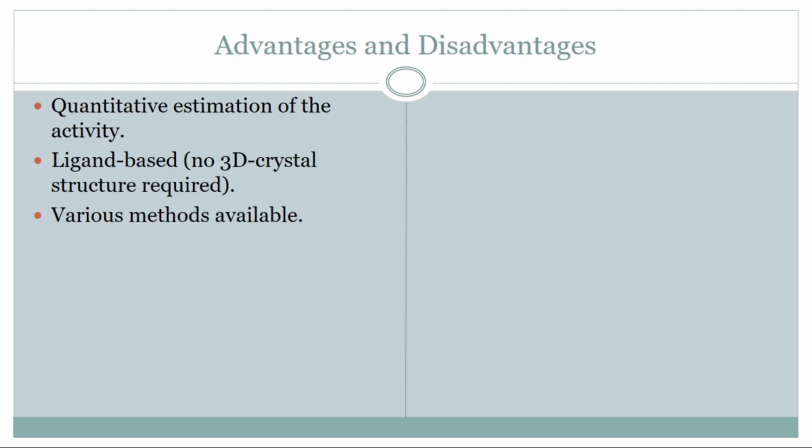And also in QSAR, there are many various methods because QSAR uses machine learning methods, which is a rapidly advancing field. You have a variety of methods to use. So sometimes if one method does not work well, you can try another statistical method to build your model and get better results.